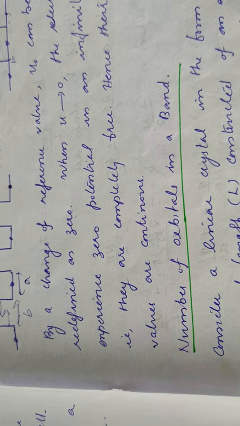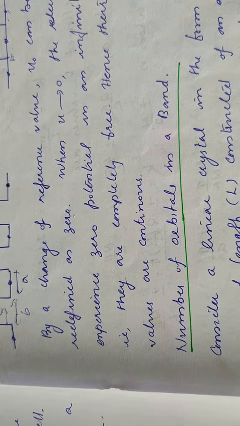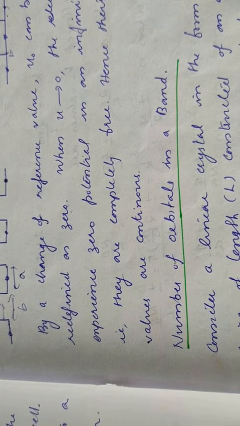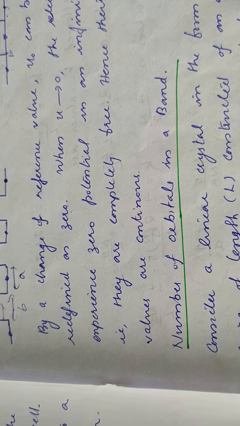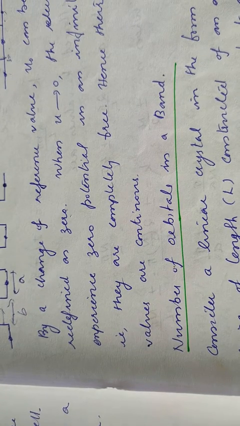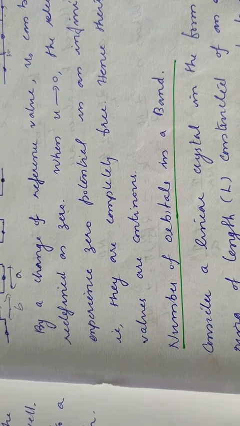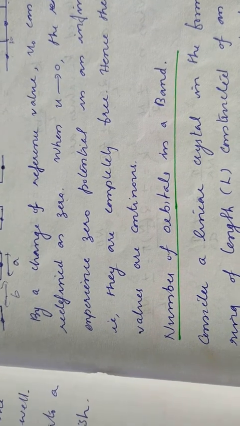So the origin of energy bands, whether allowed energy bands or forbidden energy bands, are the consequences of the periodically varying nature of the potential inside the crystal system. So we have discussed the features of this model. Okay.